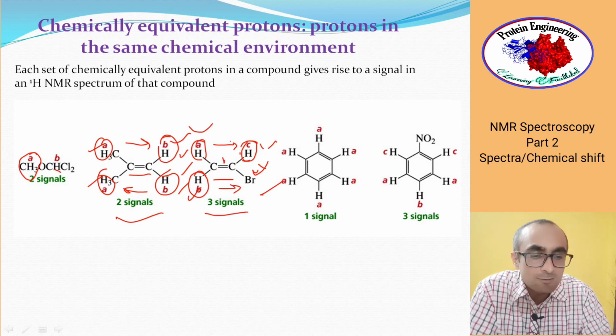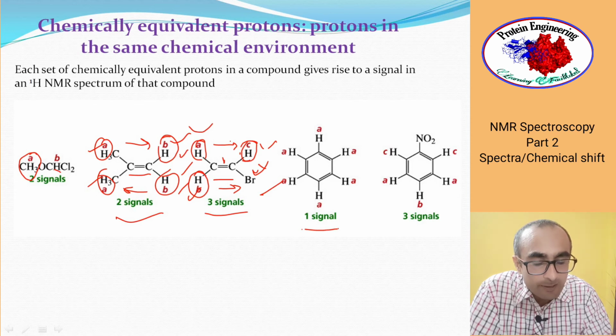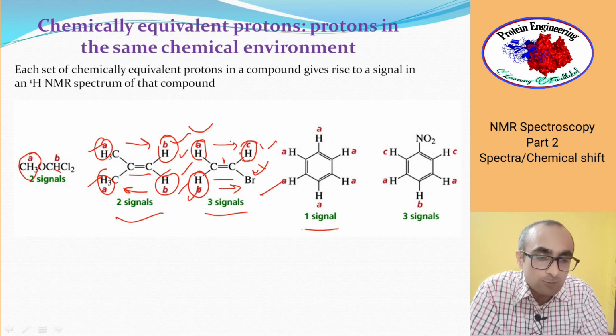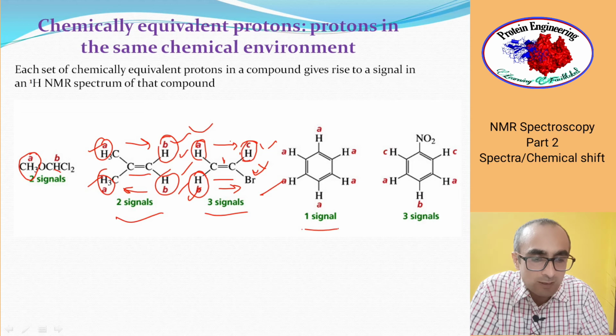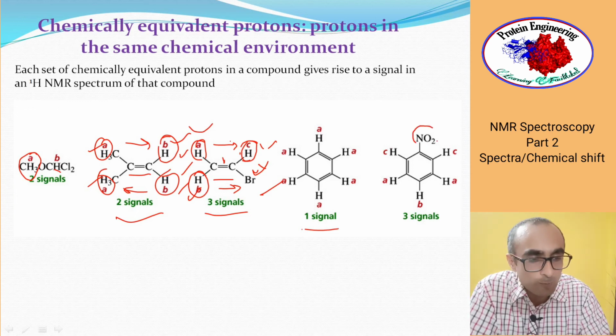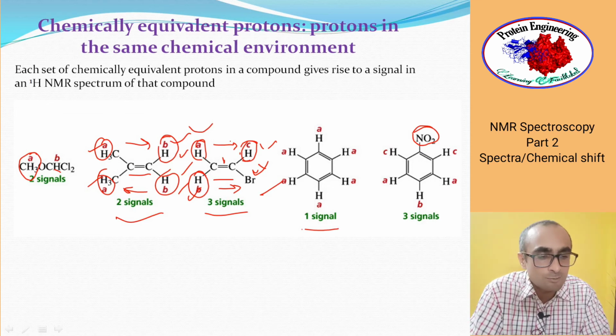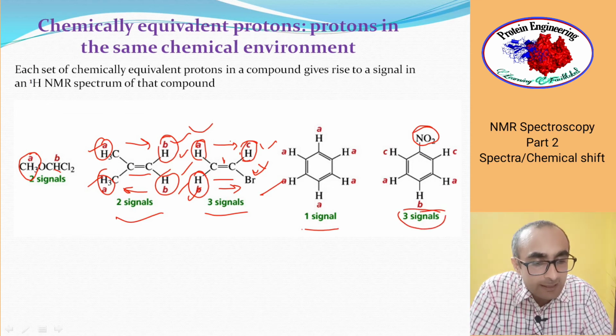Similarly, the benzene ring. We know that all these protons are at equivalent positions. So benzene ring would give a single peak in NMR spectra. But if you derivatize the benzene ring with some group, for example a nitro group is added here, as a result of addition of the nitro group, you will get three signals from this compound. How?